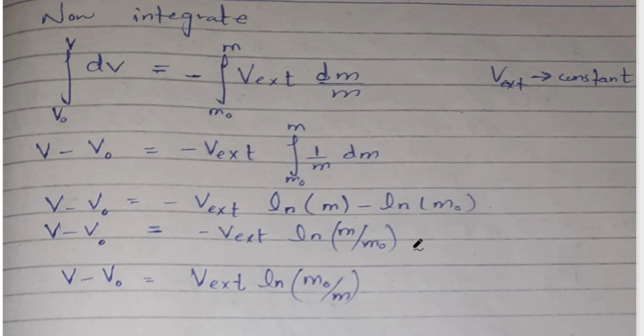You very well know how to integrate the values. It's simple. We are remaining with these terms. The negative sign is there, and after removing this negative sign we have to reverse the terms. So this is the initial mass and this is the mass of the rocket.